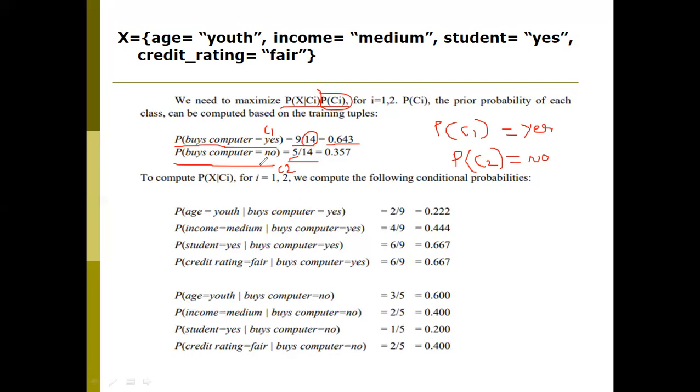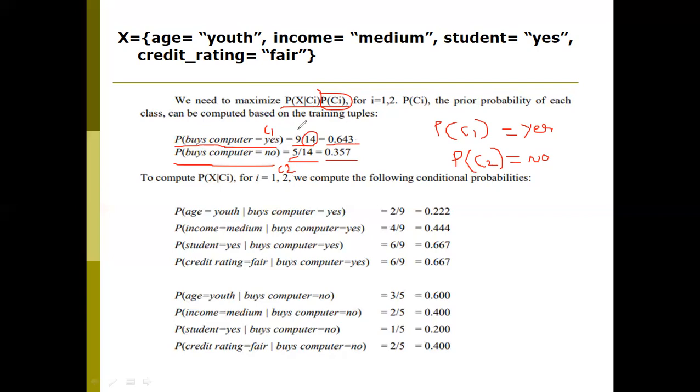Or otherwise, directly you can say that out of 14 records, 5 records are class labeled with no. So we have calculated the probability of C2, and this is the value, 0.357. Now the calculation of probability of C1 is over.